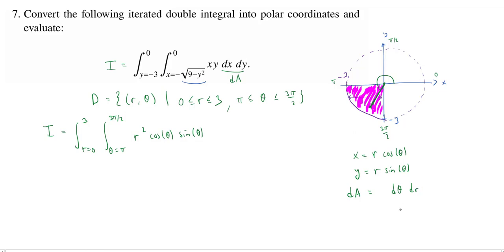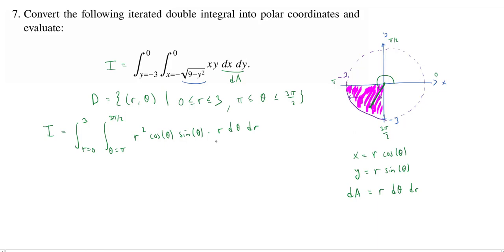But there's also what I call the cost of doing business, or what the mathematicians call the Jacobian. It's this extra factor of an r here. So we're actually going to get an r d theta dr. All right, so that is how we can convert this rectangular double iterated integral into a polar double iterated integral.